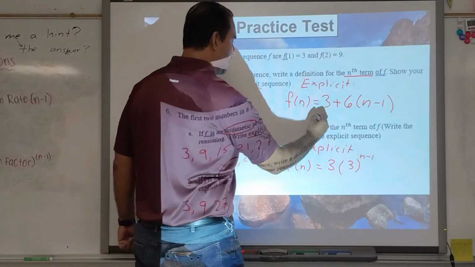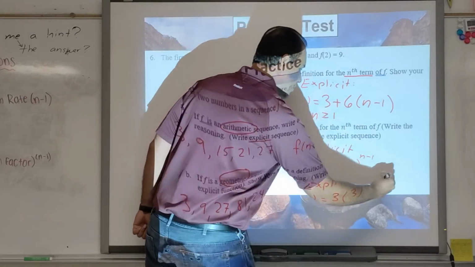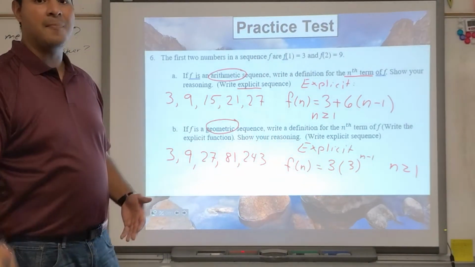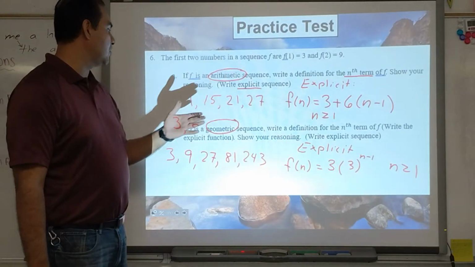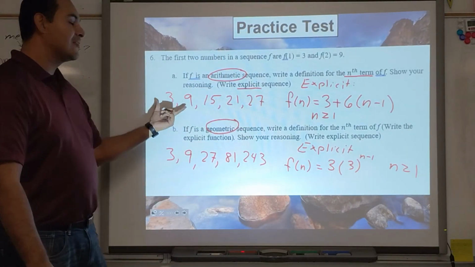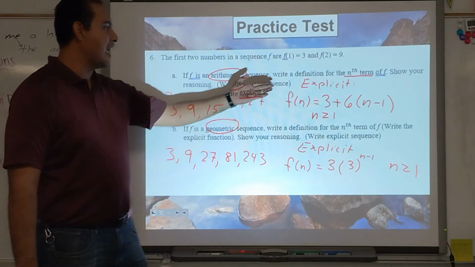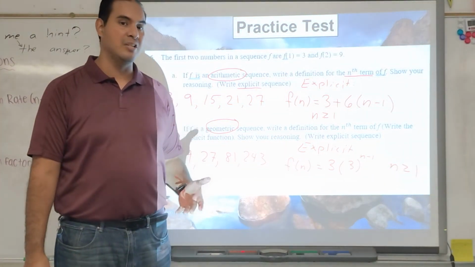Both of these explicit sequences work when n is greater than or equal to 1. They work from the first term all the way up forever, and that's what we have. So we created an arithmetic sequence that started with 3 and 9, a geometric sequence that started with 3 and 9, and we wrote the explicit formulas for each one.